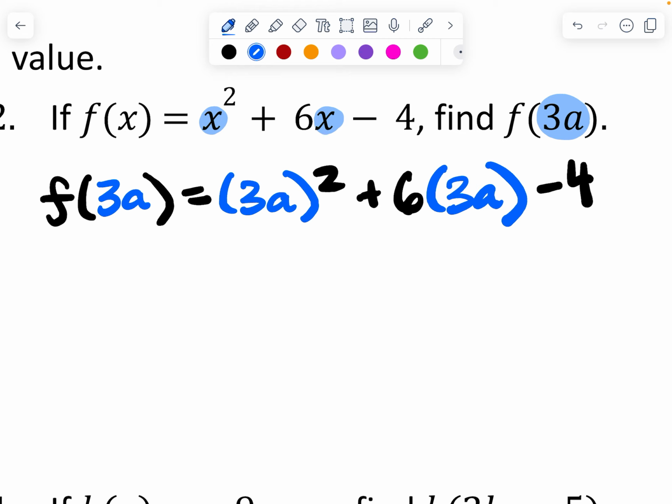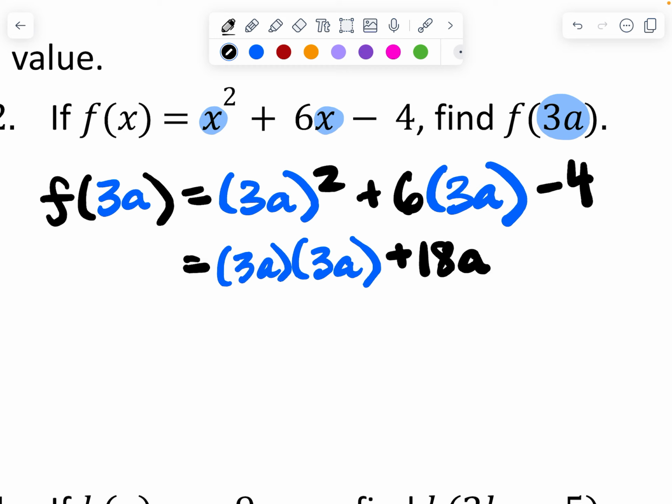So what does squared mean? It means multiplied by itself twice. So this is saying that it's 3a times 3a plus 6 times 3a would be 18a minus 4. So now what's 3a times 3a?